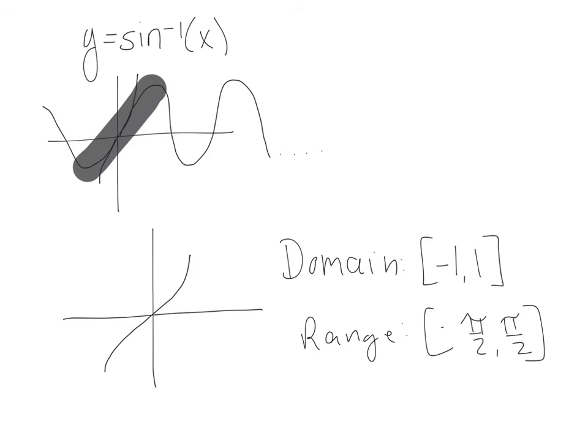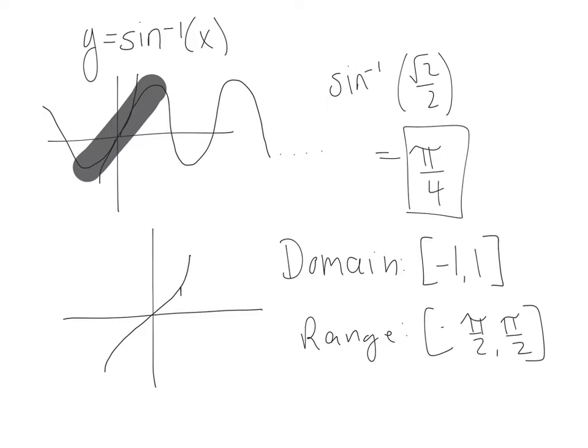And so if a question asked you, what's the inverse sine of root 2 over 2, you would look at where on the graph is the value root 2 over 2. So that's about here. And like we know on our unit circle, the corresponding value is pi over 4. So this would equal pi over 4.